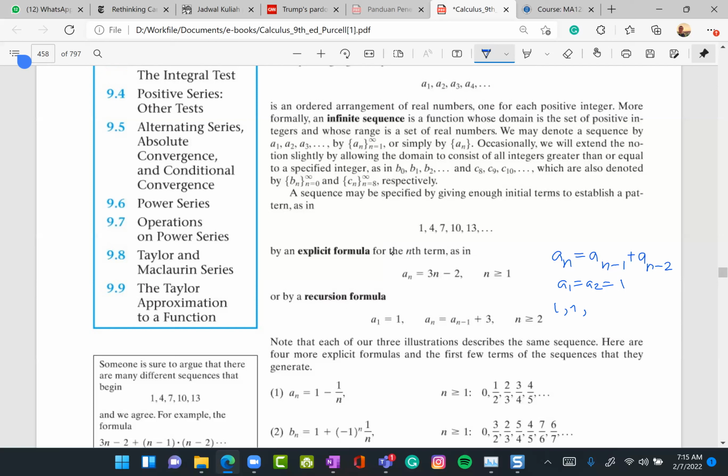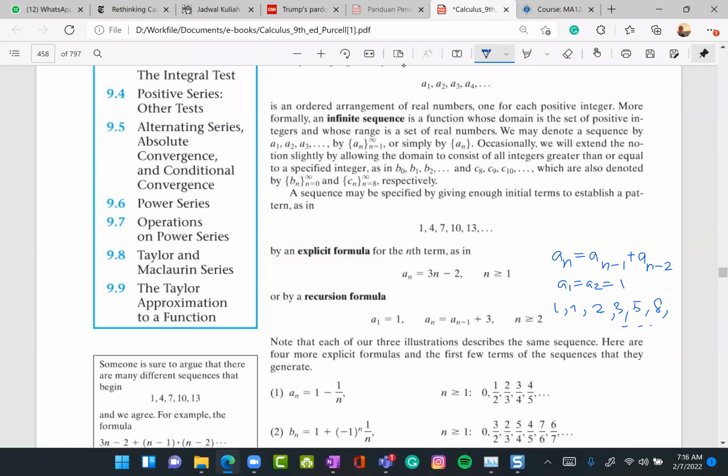So this is 2, right? The next one would be the sum of 2 and 1, so 3. The next one would be the sum of 3 and 2. This is 5. Next is 8. Dot, dot, dot.